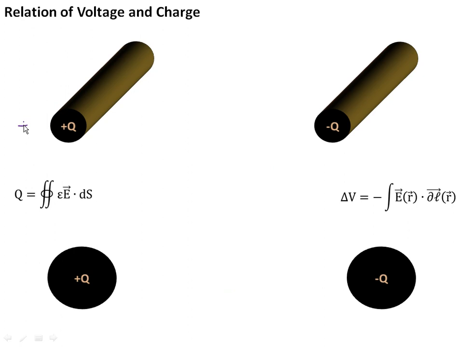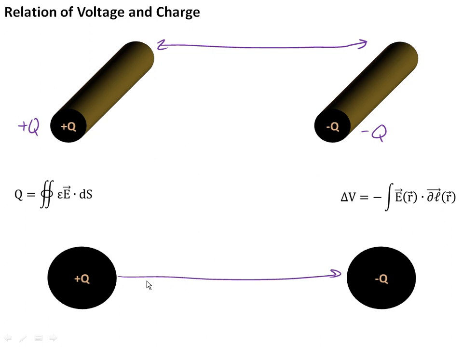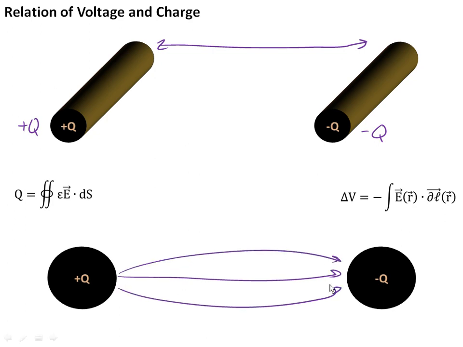In this case we keep the charge as plus Q and minus Q, but what we've done is increase the separation between our two wires. What happens in this case? Well, you're still going to get the same types of electric field lines that go between them. So let's look at the charge and the voltage.